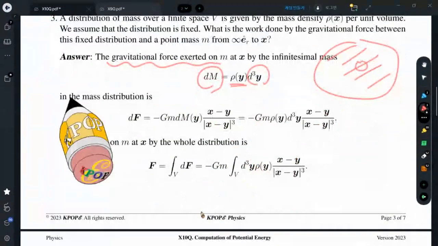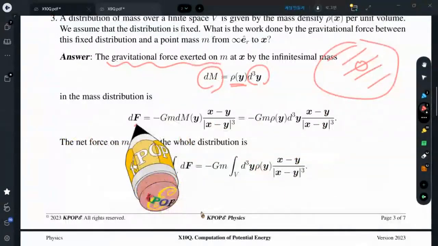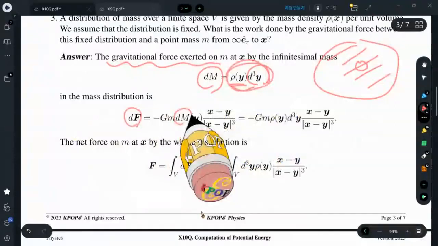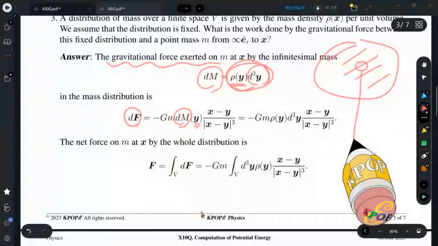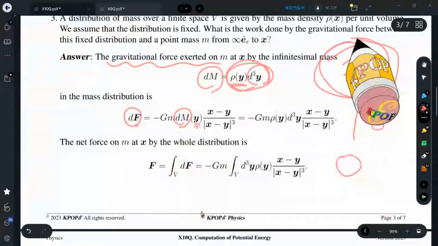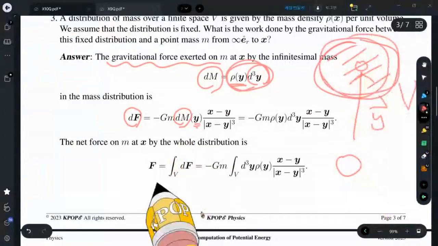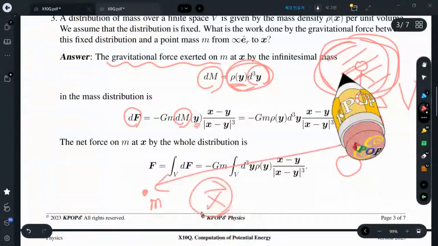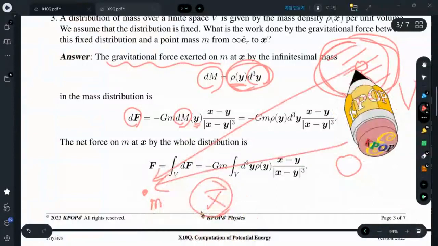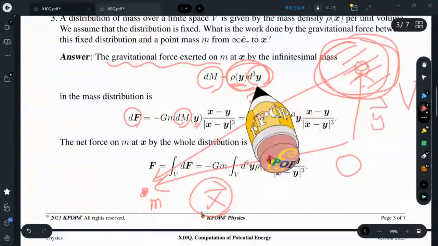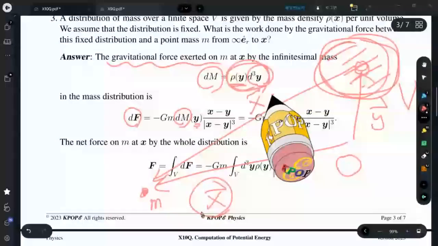The mass distribution due to this small mass at point y, we have origin and we have y. Y varies inside this volume, and we have a very tiny small m at x. And what is the distance between them? We have y, so I have x. Distance is the magnitude of x vector subtracted by y vector.